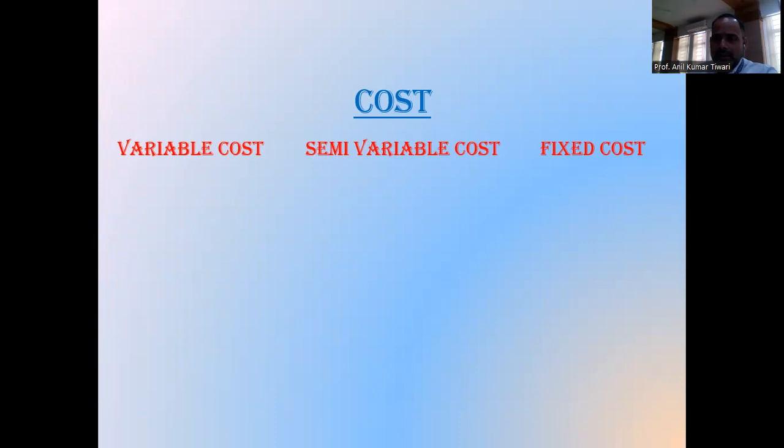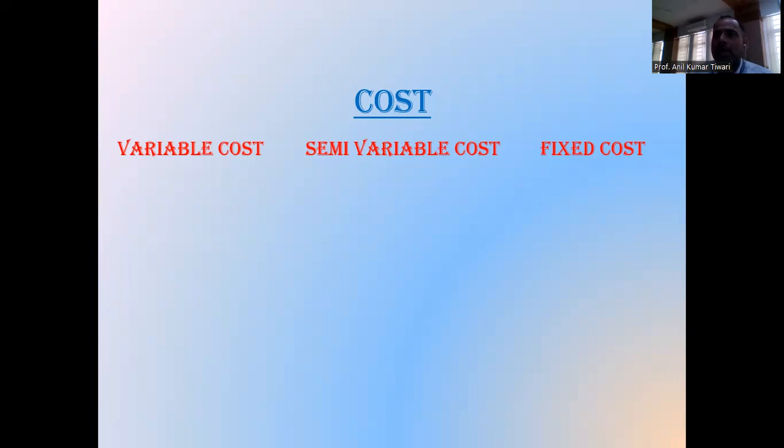Variable cost, as the name suggests, fluctuates: as the units of production increase or decrease, this cost also varies in the same proportion. Variable cost has a direct relation with production. If production rises, this cost will be incurred more, and if production is low, this cost will be less. So this is the direct relationship between variable cost and production.